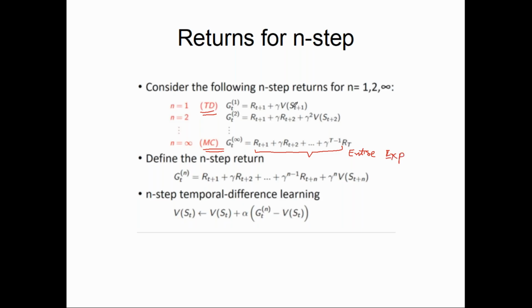Here, only one step: the reward and the next state. What is the reward and the next state value? N step temporal difference, defining n step, let's not look into it now. Temporal difference with more than one step is n step.